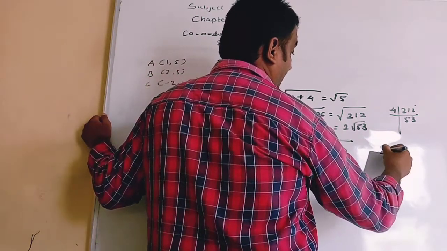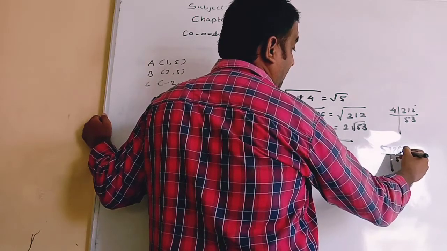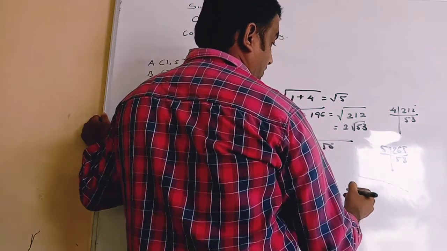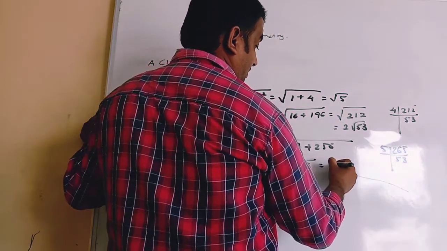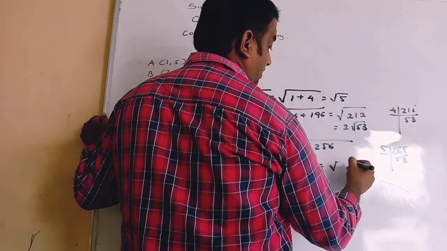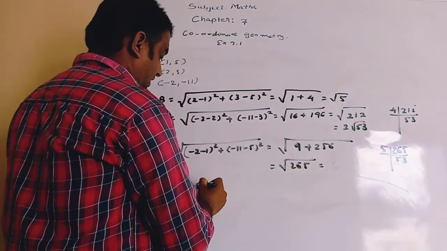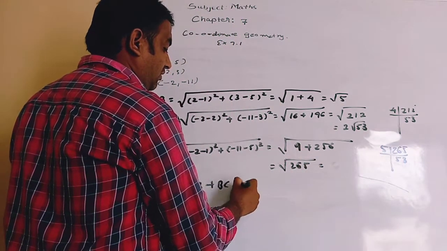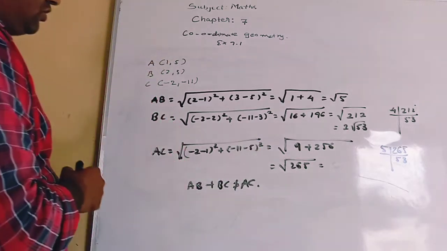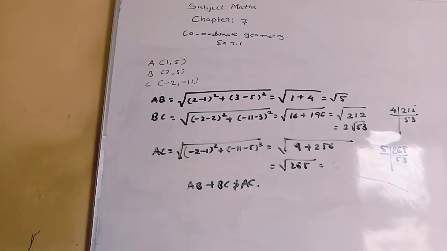We divide by 5, 5 times 53 is 265, so it is not possible to write in a simpler form. And so we can say that AB plus BC is not equal to AC, and so they are not collinear points.